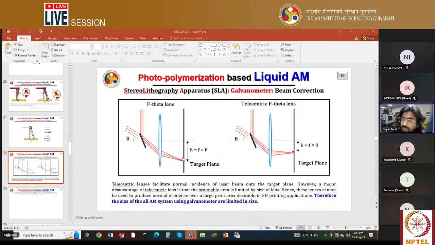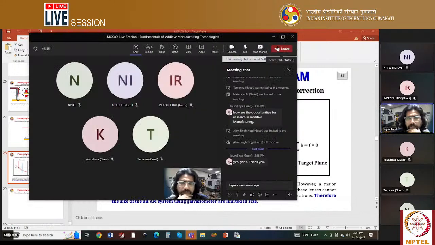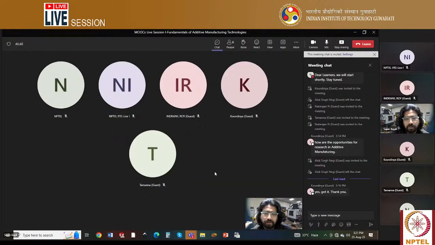We want it to be projected at 90° only. So for that, the telecentric F theta lenses are used. In that case, when the beam falls into it, it makes sure that it falls on the target in a perpendicular manner only. Correct. That's how they correct the beam. I hope I could answer your question. Yes, sir. Good.